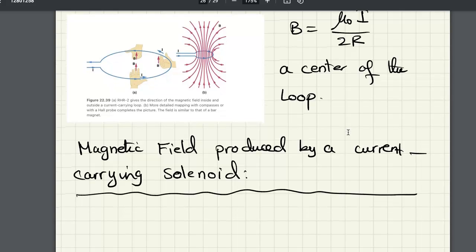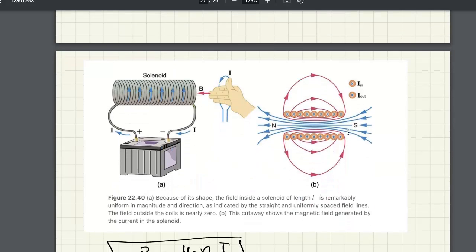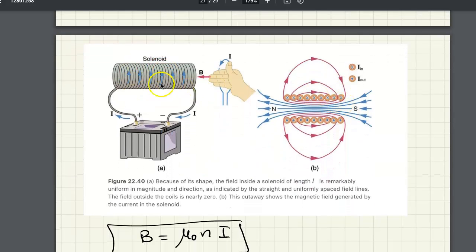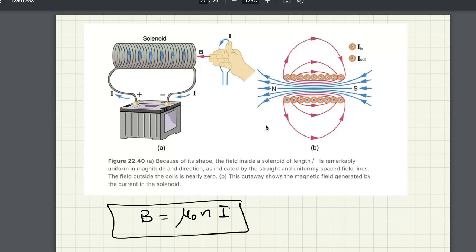Another important device we call a coil or a solenoid, and this is how it really looks. This is the solenoid, and the magnetic field of it is going to be B equals mu0 times n times I, where n is the number of loops per unit length.